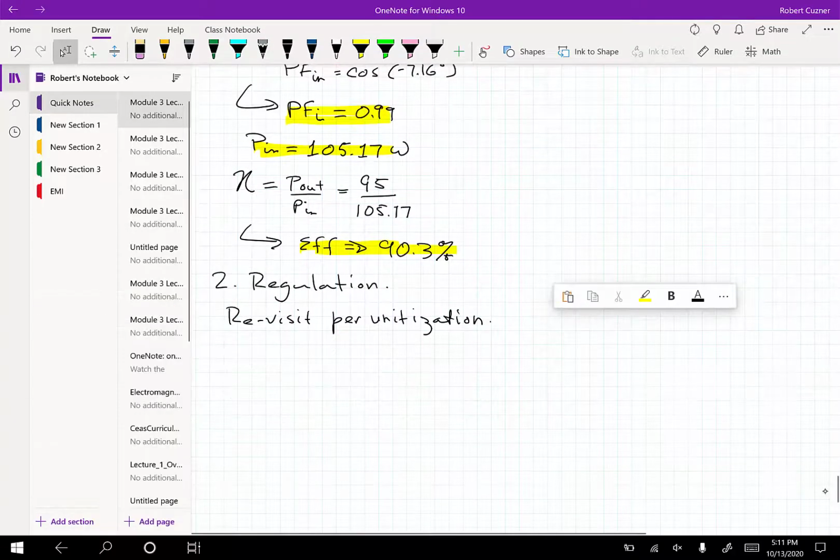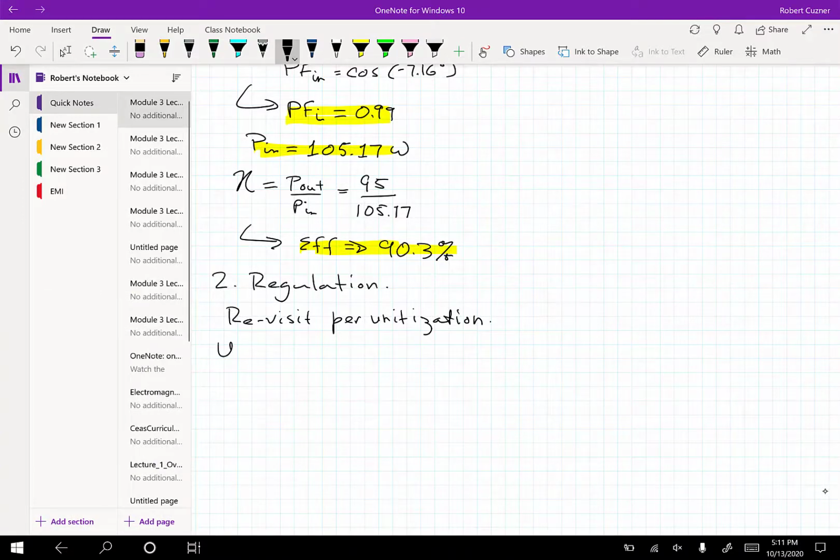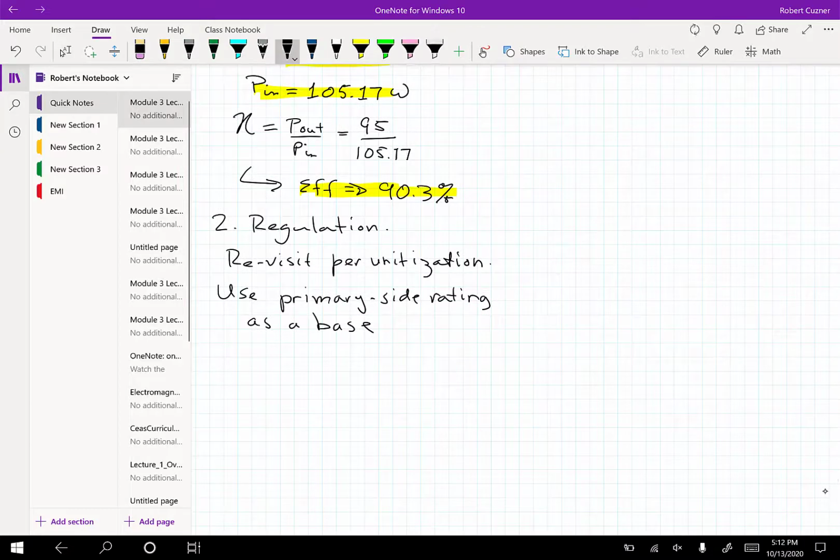We're going to use the primary side rating as a base. So V base is going to be 120 volts. S base is going to be 100 volt-amperes.